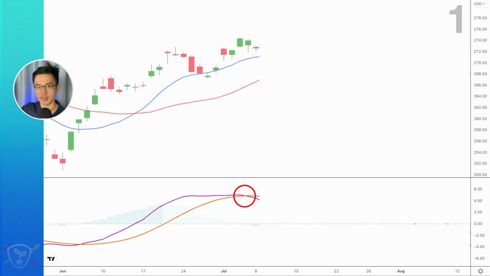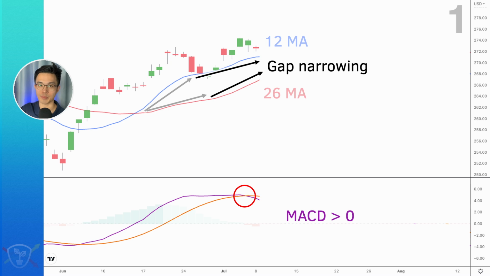Let's unpack this signal, alright? So the MACD line is above zero, and this means that the 12 period moving average is above the 26 period moving average. The MACD line now is sloping down, which means that the gap between the 12 and the 26 period moving average is narrowing. And when it crosses the signal line, that means that it has narrowed to a point where it's below its 9-day average.